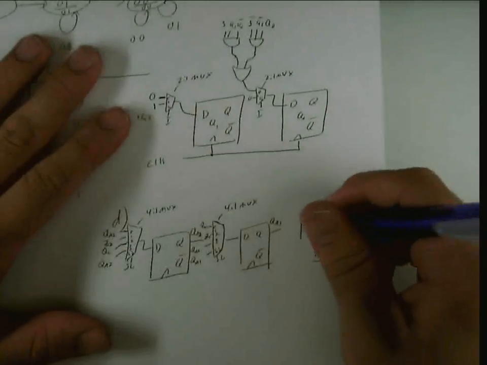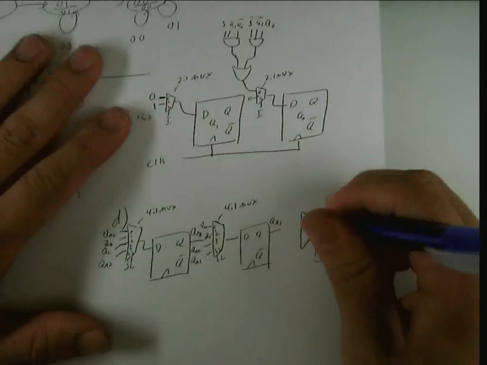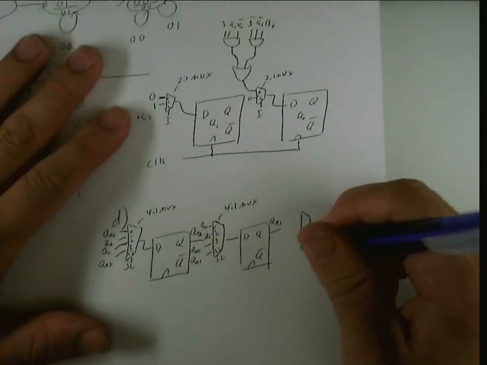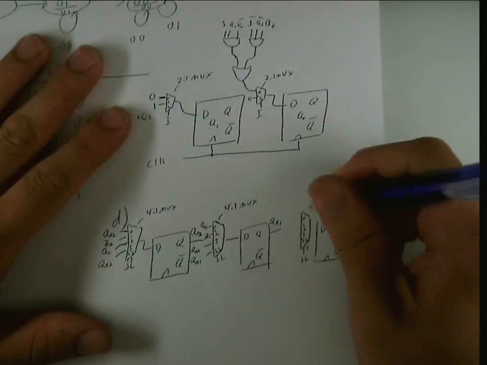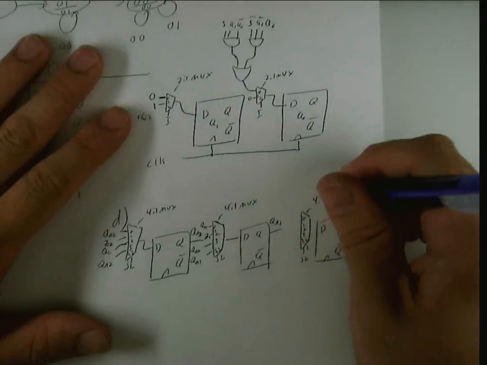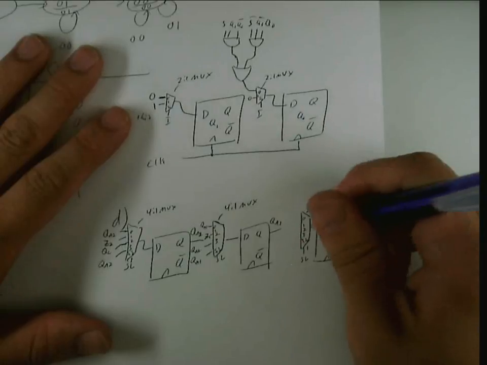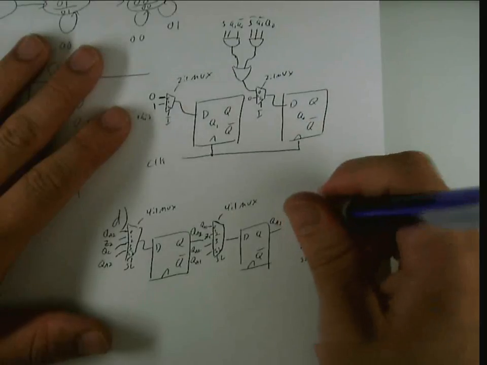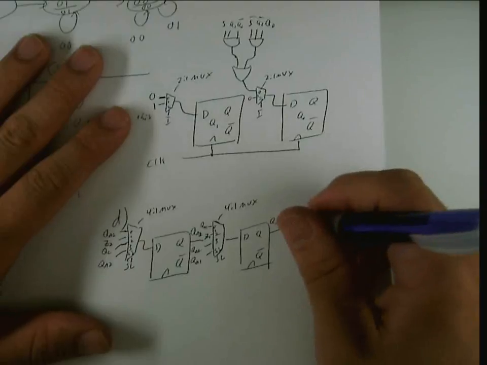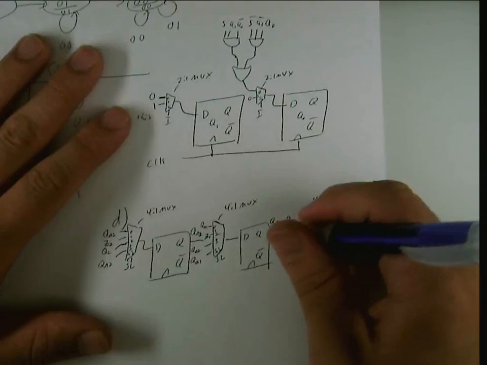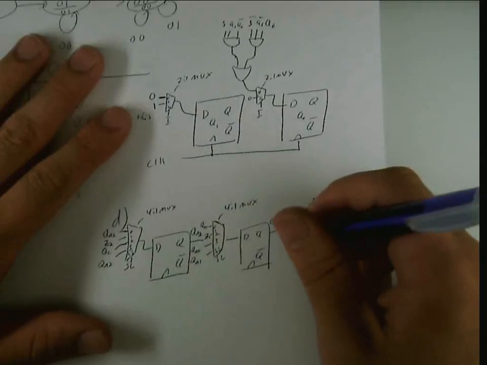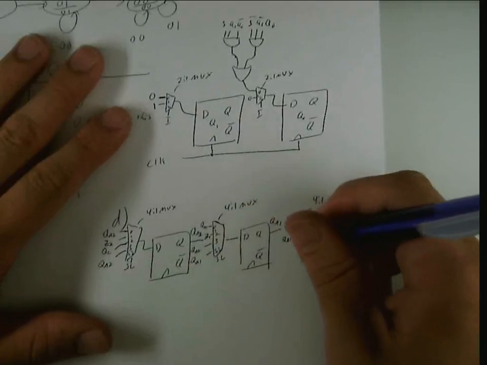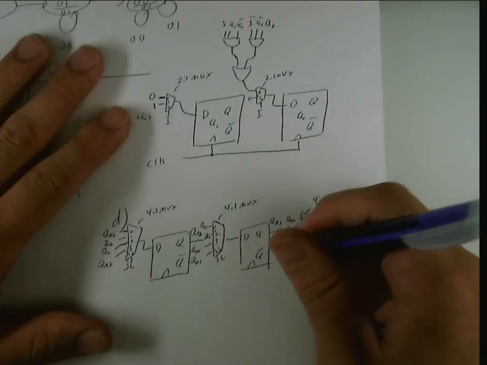And one last one, 4 to 1 mux, S1, S0, SL, 0, 1, 2, 3, 4 to 1 mux. And then this is QA0 into here, Z0 into here, and then this is our shift, so this is QA1, and this one is QA0.